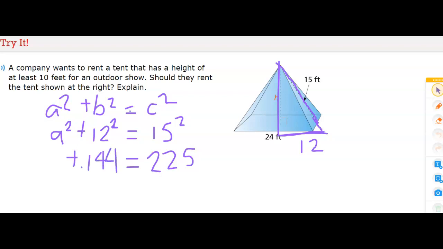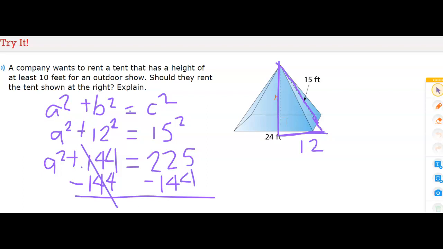And this would be 144 plus a squared. And then to solve for a squared, I have to subtract my 144 on both sides. That cancels. And this will be 81. So a squared is equal to 81. Now we need to solve for a.